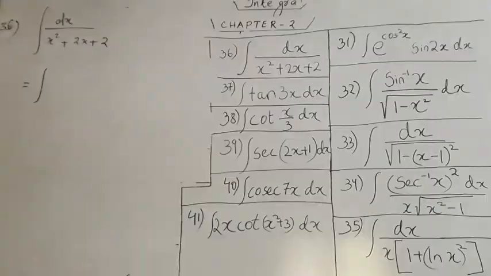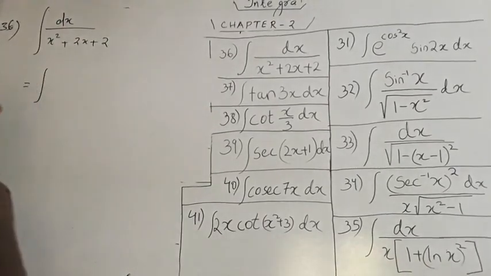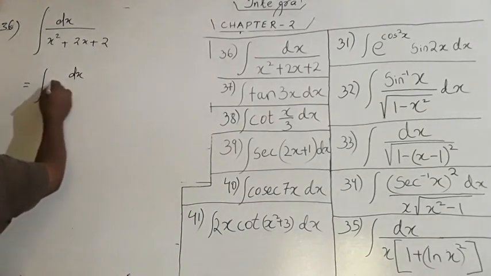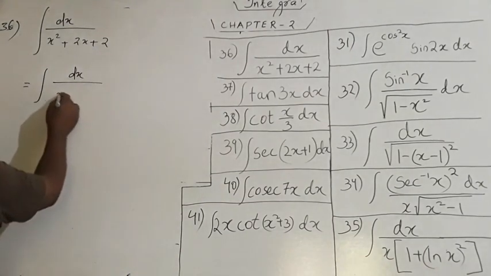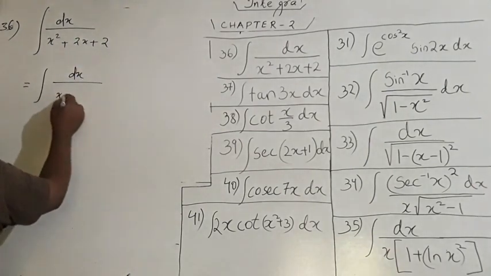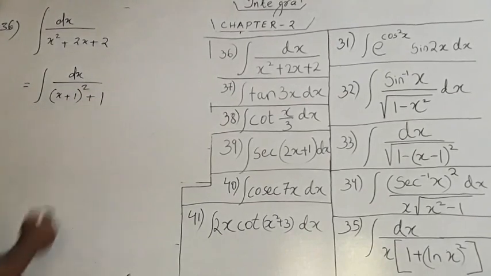Now look at this problem. This is a quadratic in the denominator and in the numerator there is only one constant, that is 1. What you have to do? You write x square plus 2x plus 1 plus 1. X square plus 2x plus 1 is (x plus 1) whole square plus 1.